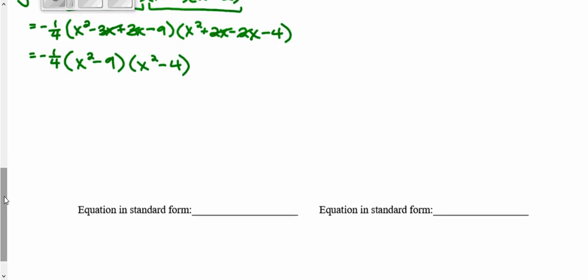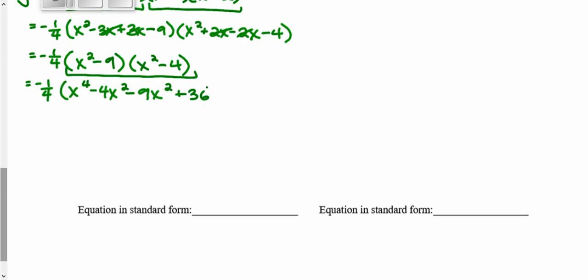Okay, so again, our goal is to get rid of all the parentheses, but we still have 2 sets. So I'm going to go ahead and multiply these 2 together. So that would be x to the 4th minus 4x squared minus 9x squared plus 36. I'm going to go ahead and clean that up.